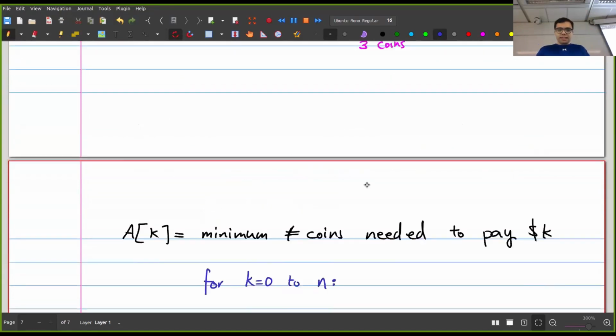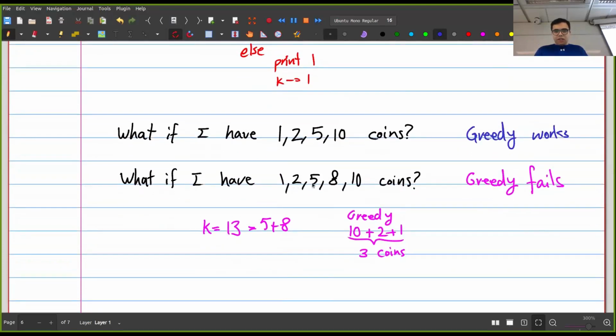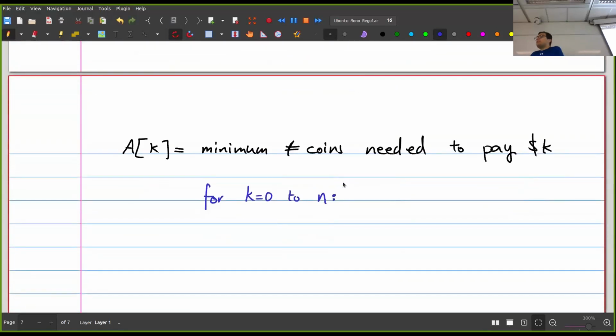Now, what is A[0]? Remember, I have these coins: 1, 2, 5, 8, and 10. If I want to pay $0, of course, I don't pay anything. So I don't need any coins. So A[0] is 0.